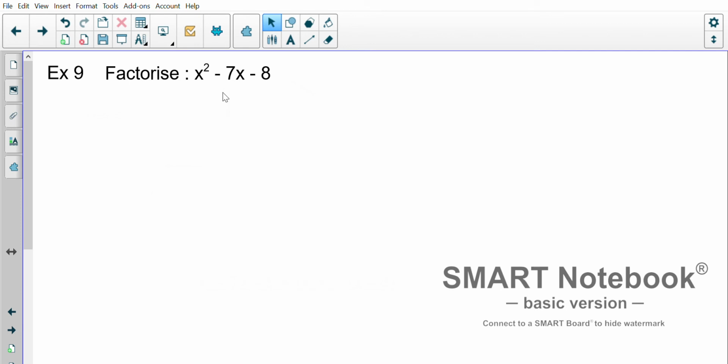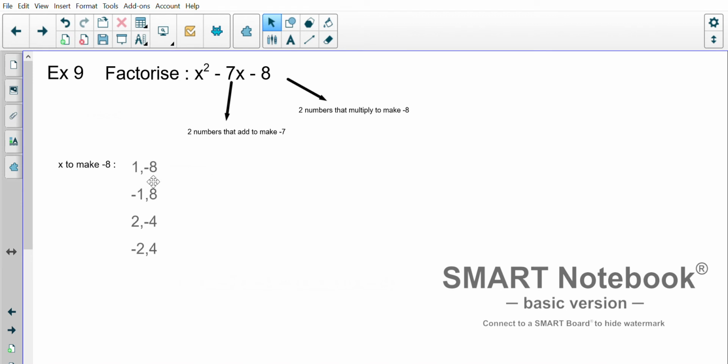Okay, so if you've managed to have a wee go at this one, you should have thought about your two numbers that add to make negative 7, two numbers that times to make negative 8. Once you've listed them, you should have 4 sets that you could have. Now they need to add together to make negative 7.